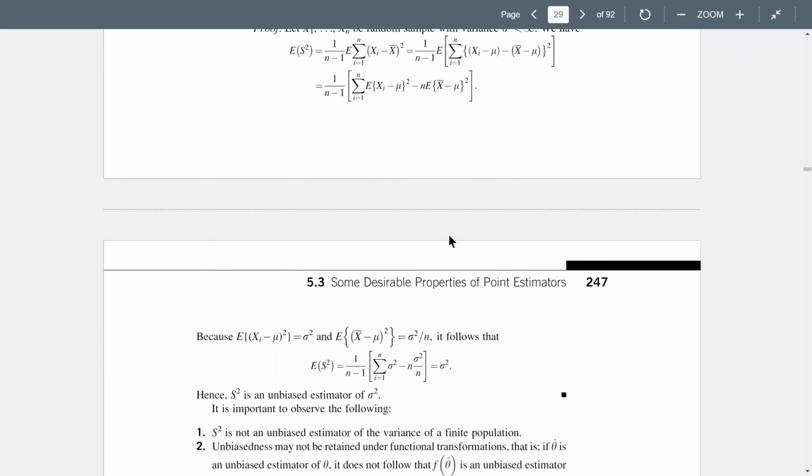You will be able to get that the first item is variance.